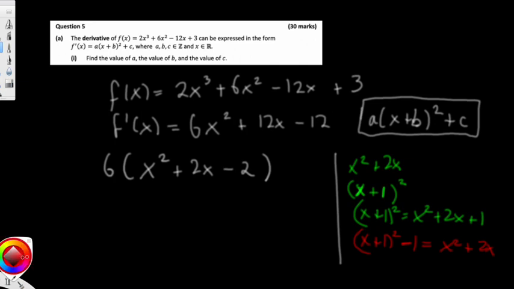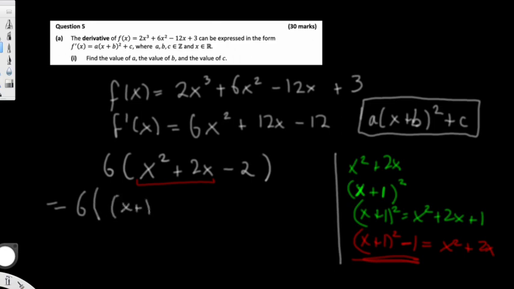So what I'm going to do is substitute this thing for x squared plus 2x, and that's going to be equal to 6 times, and then a big bracket, and inside x plus 1 all squared minus 1 minus 2.